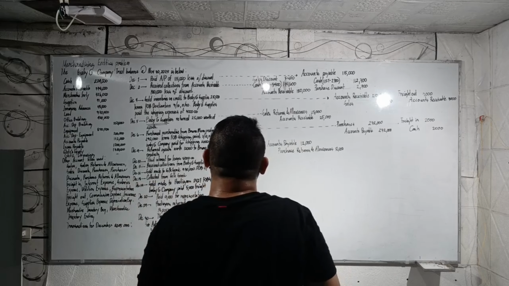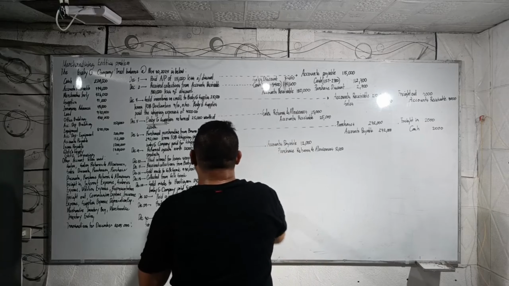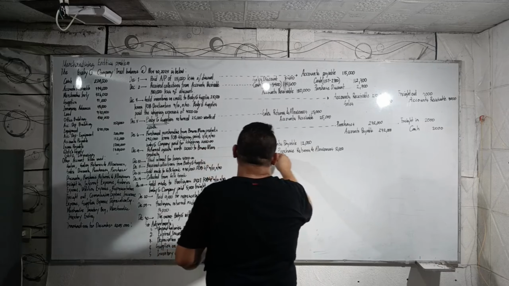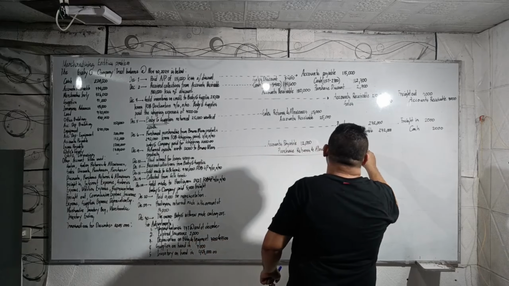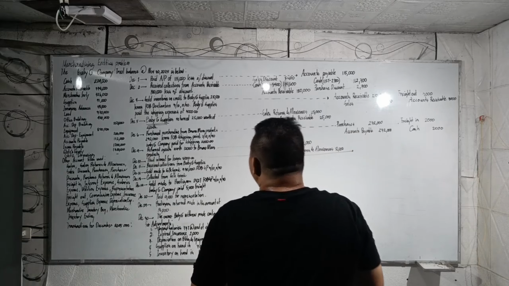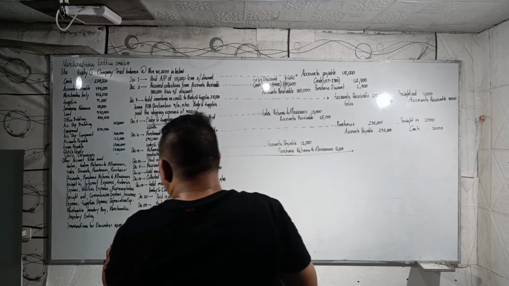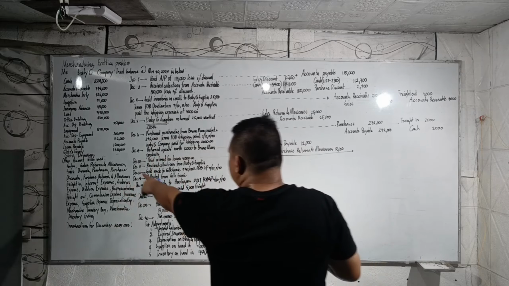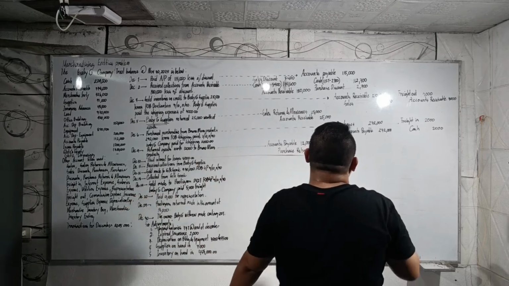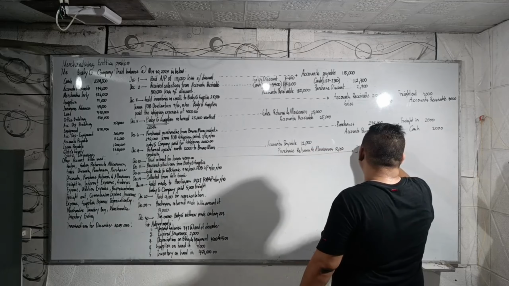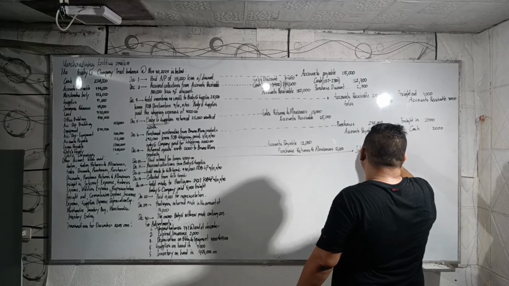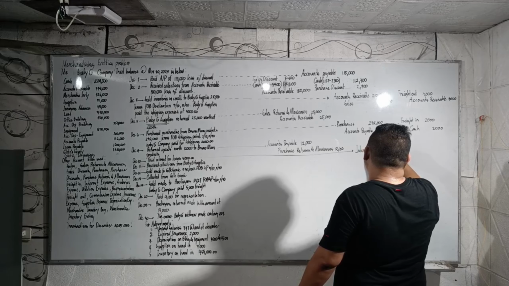Okay? Let's go to December 10, as if you already understood. On December 10, the transaction is paid interest for loans, 8,000. So, let's see. What are the accounts in the chart of accounts that could be used? We have interest expense.